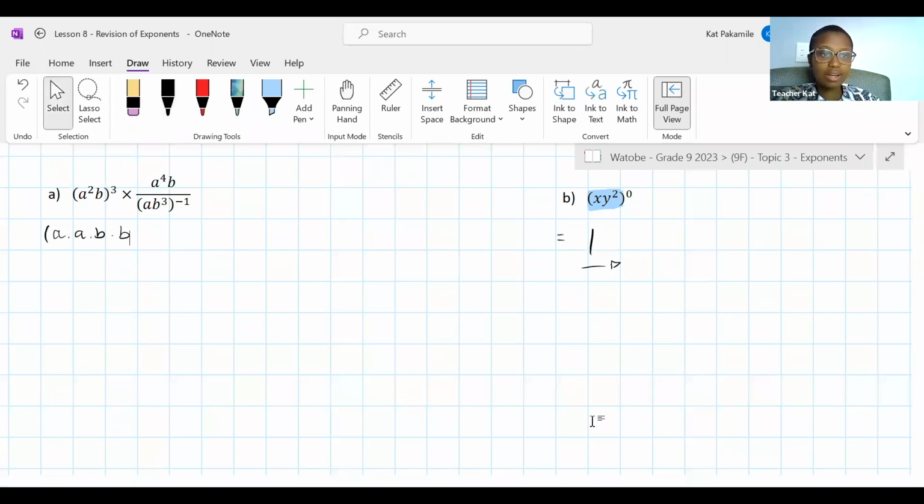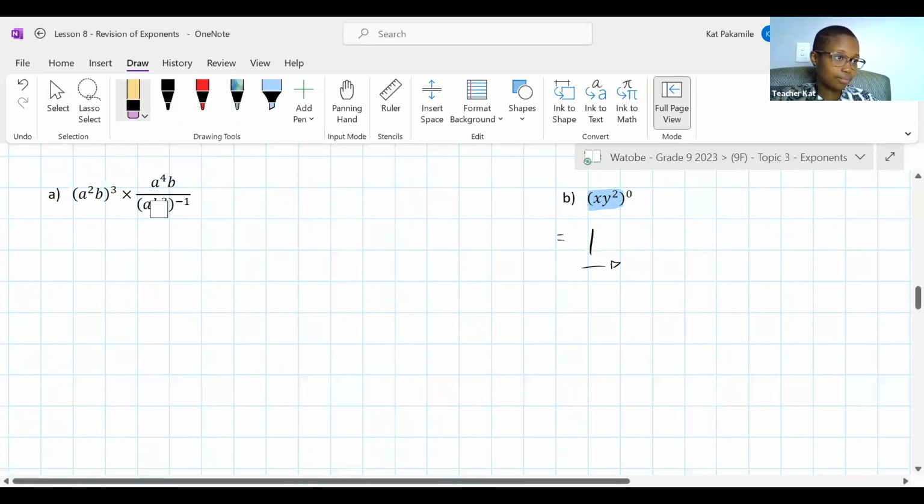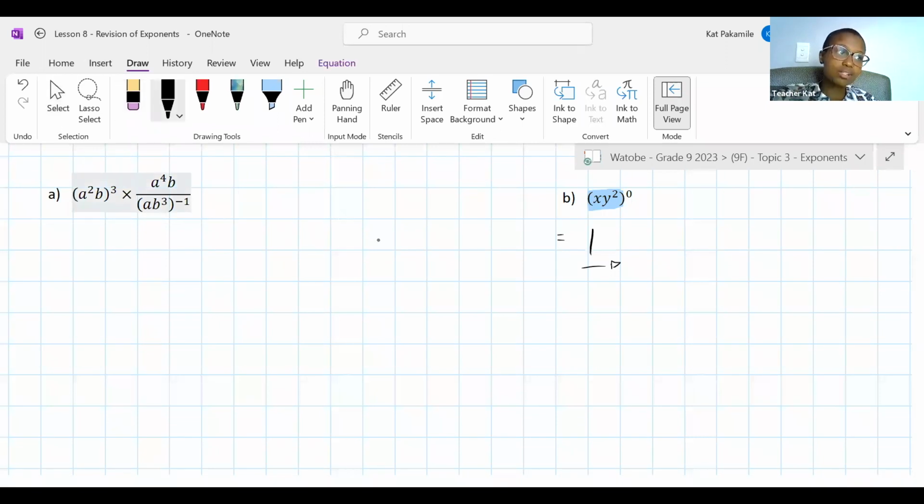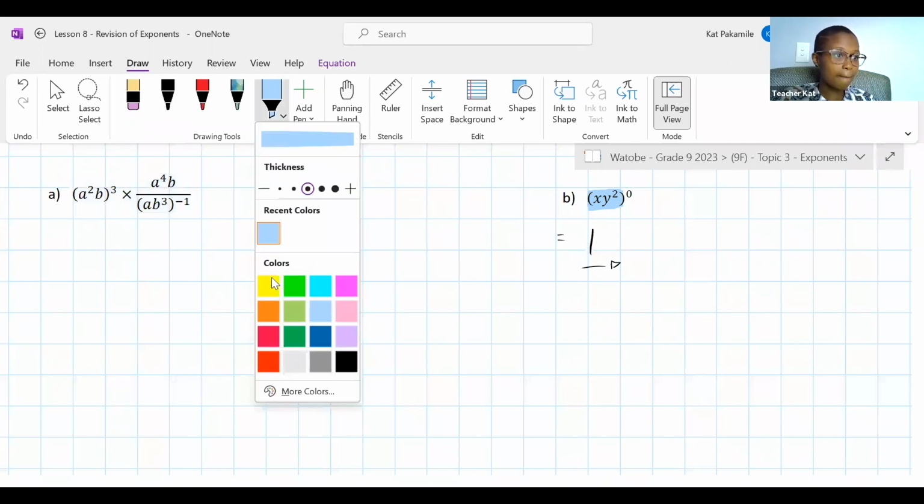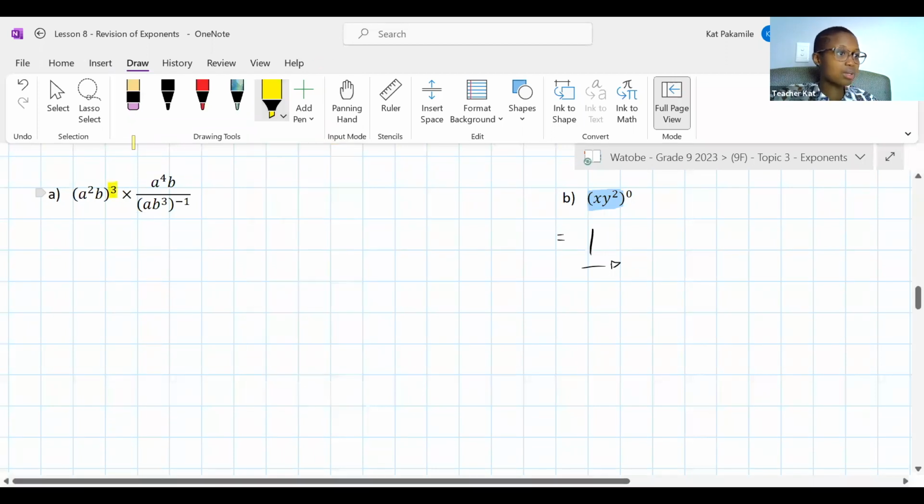Okay, let's think about our laws of exponents, Chichi. Do you remember them? Yes, ma'am. So what are we supposed to do with this 3 that's on the outside? We're supposed to bring the 3 inside of the bracket, and the negative 1. So we're going to distribute it, right? Yes, ma'am.